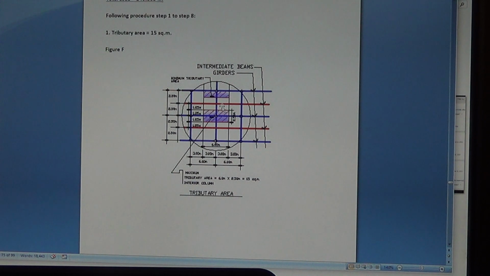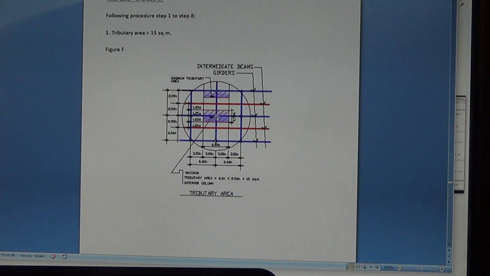And this is the beam, and that's the girder. Girder is the father of all beams. Okay, the intermediate beam is framed to that beam, and that beam is called a girder. Any beam that carries another beam is called a girder. Alright, and the girder here transfers its load to the column right here, and all the girders transfer to the column. So that's the intermediate beam there.